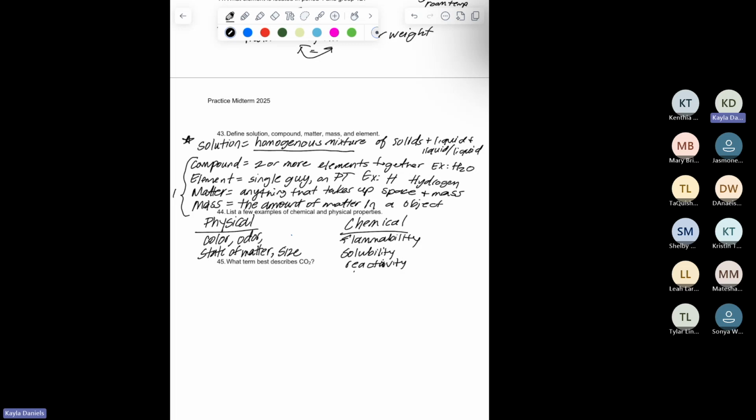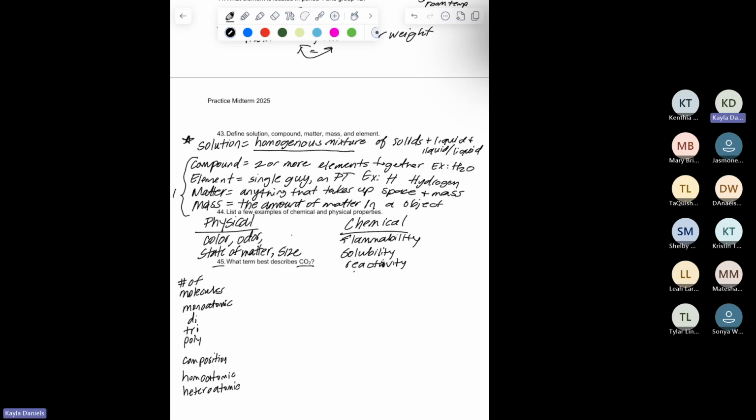All right, 45. This takes us all the way back to lecture 1, when we were describing things. We had to describe it two ways: the number of atoms within the compound, and then their composition, like were they all the same or not. So for the numbers, we had monoatomic, diatomic, triatomic, or polyatomic. And then the composition, if they're all the same or not, we said it's either homoatomic or heteroatomic.